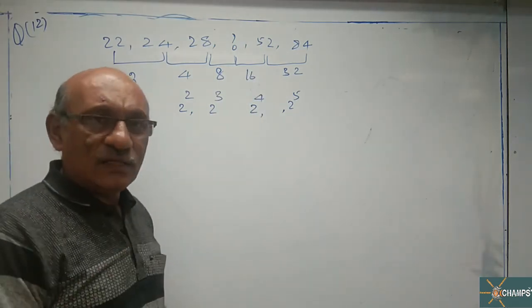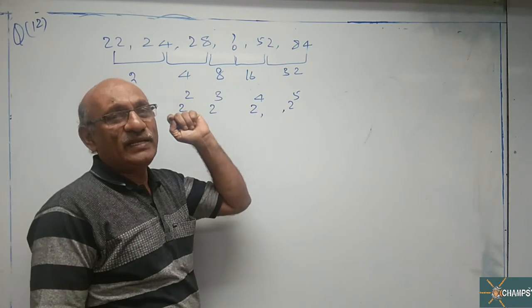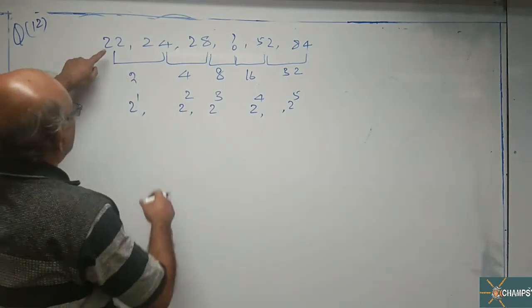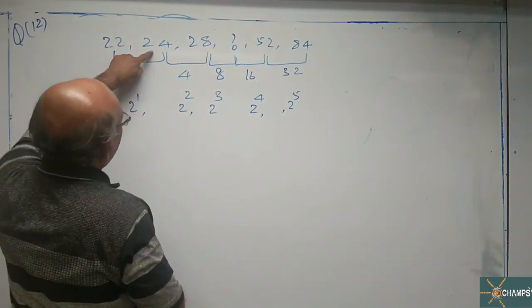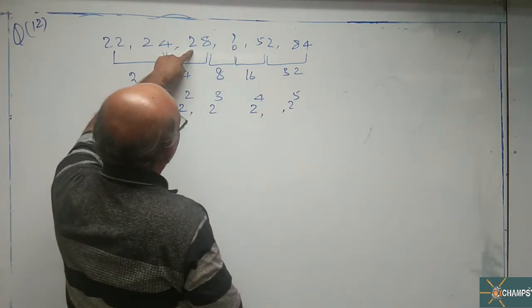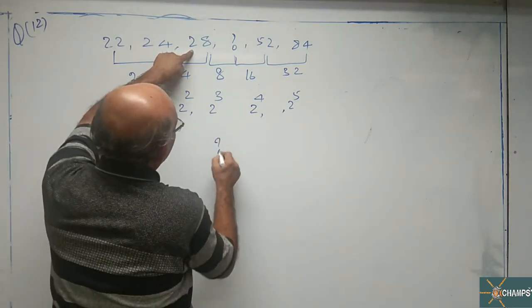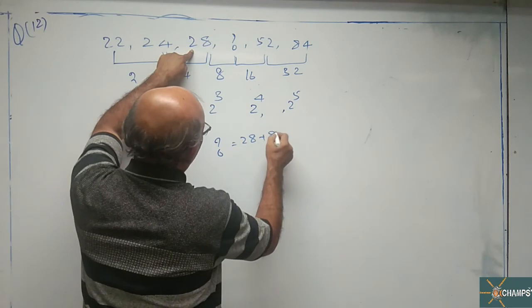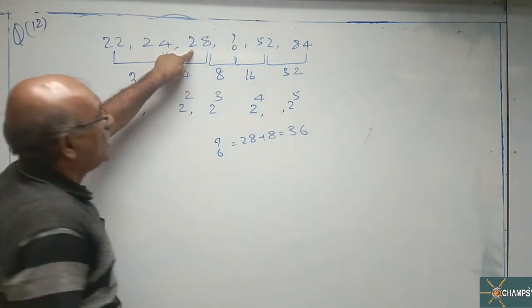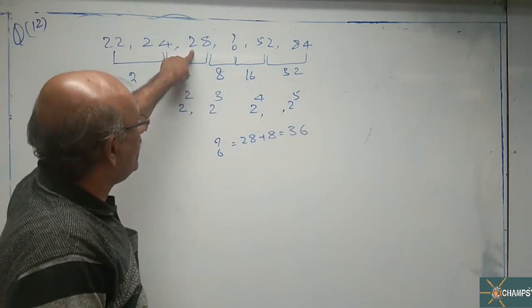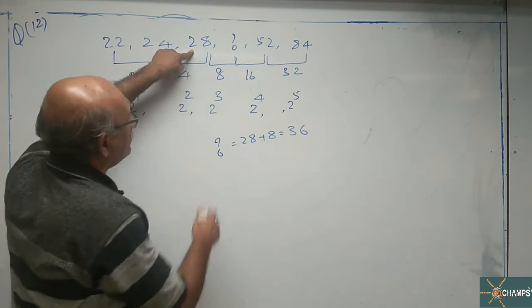Let us see whether I am getting the succeeding term or not. 22 plus 2 is 24, 24 plus 4 is 28, question mark is equal to 28 plus 8, which is 36.